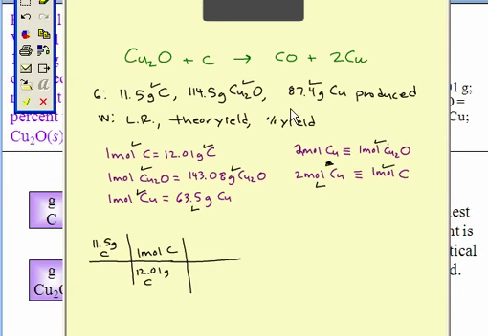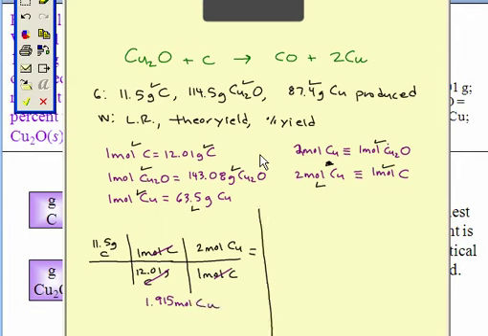And now to see how many moles of copper I'm going to get, according to my balanced equation, 1 mole of carbon makes 2 moles of copper. So my grams of carbon cancel out, my moles of carbon cancel out. This tells me 1.915 moles of copper is what I get.